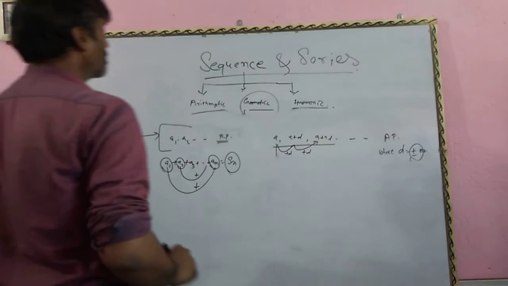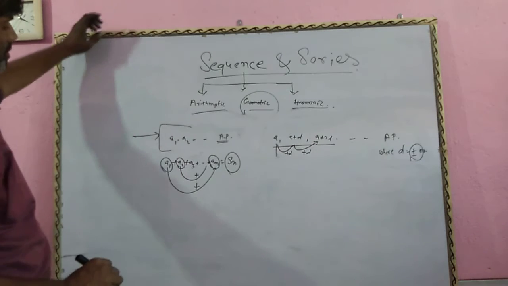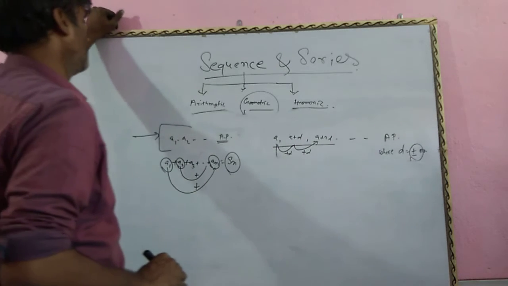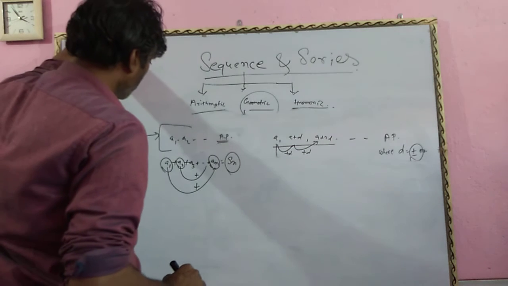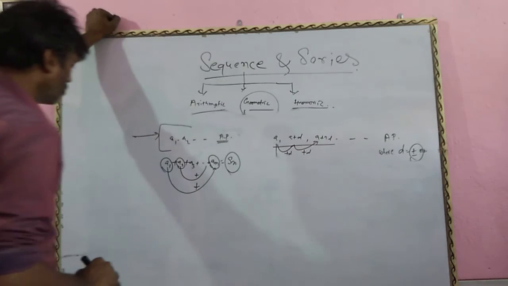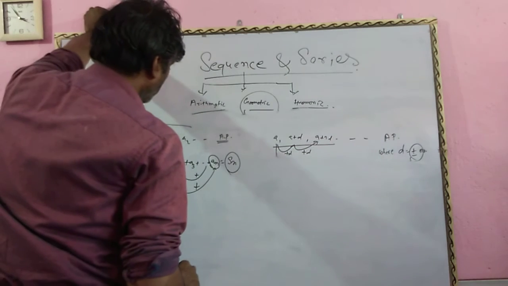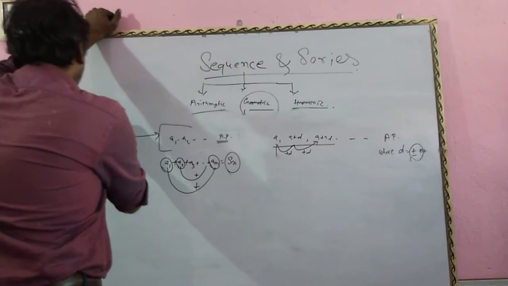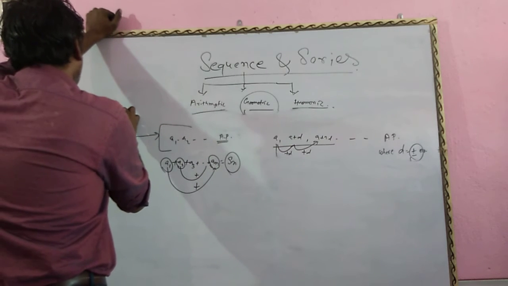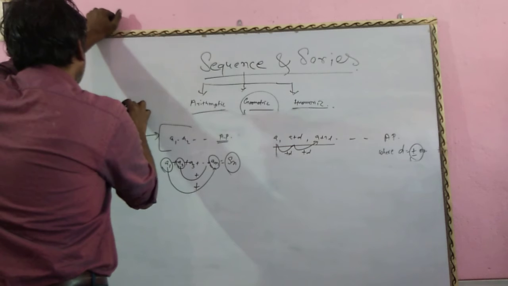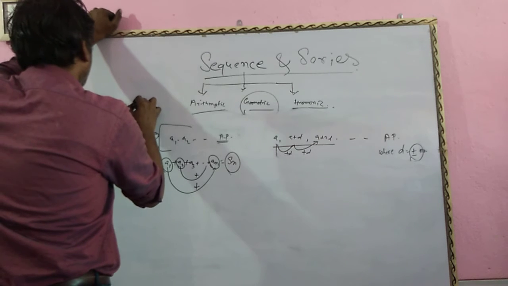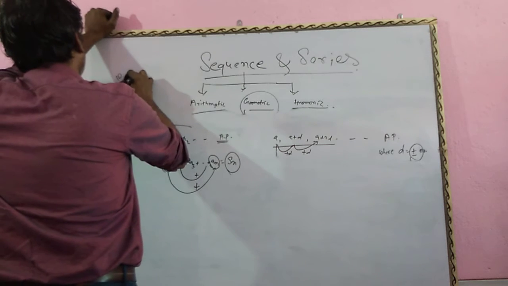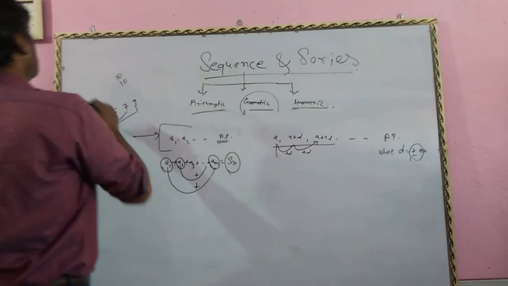Sum of n terms. Okay, then if 1, 3, 5, 7, 9 ... 10, 10, 20.